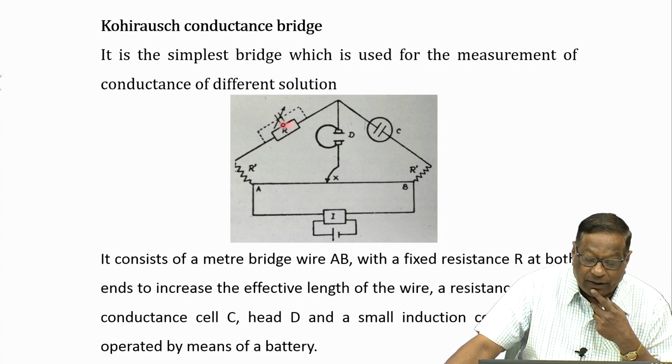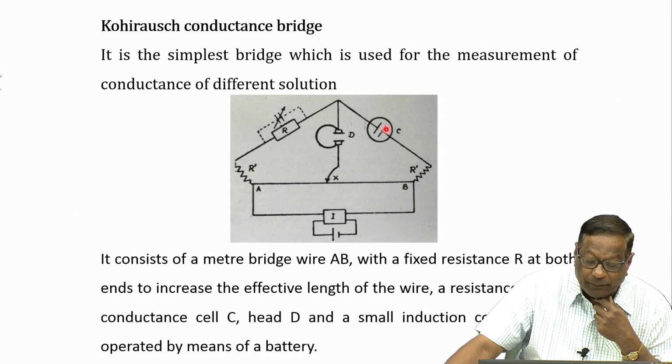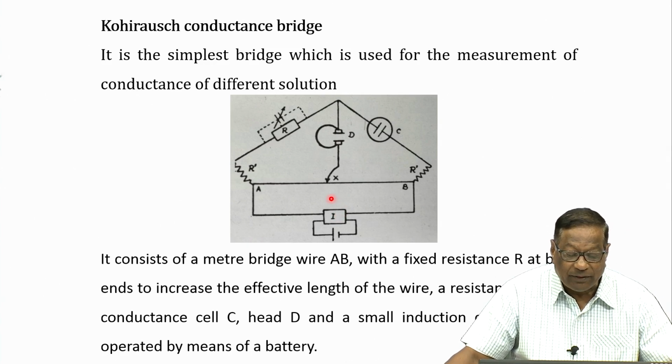I can increase or decrease the resistance, and then a conductance cell, that is C. This is our conductance cell, okay, with 2 electrodes separated. That is how normally a cell is drawn, represented, and it has got a head D here and a small induction coil I, which is operated by means of a battery.